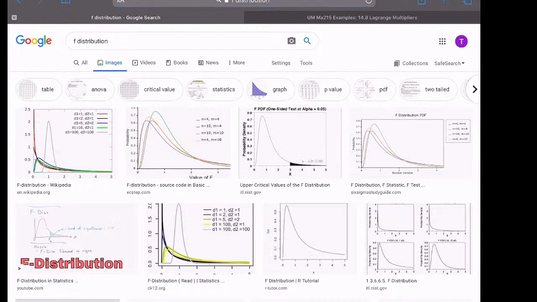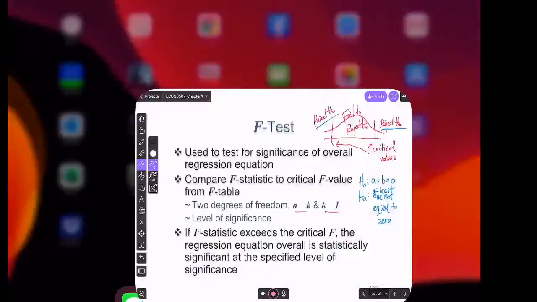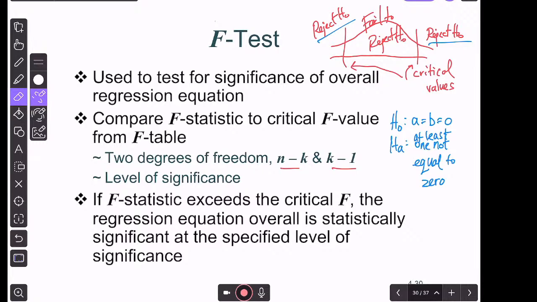There. So it also depends on degrees of freedom. It has a different pattern depending on the parameters and the sample size, but it slopes like that. It's not symmetric, in other words, but the same idea. I'm going to look for the critical value and see if I'm too far away.